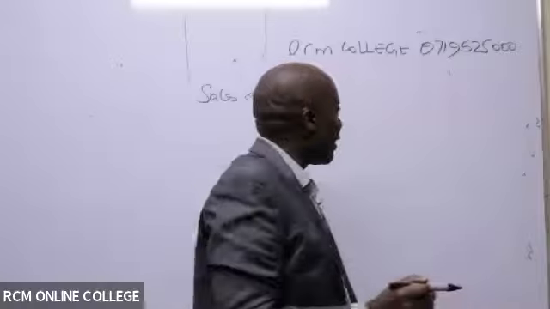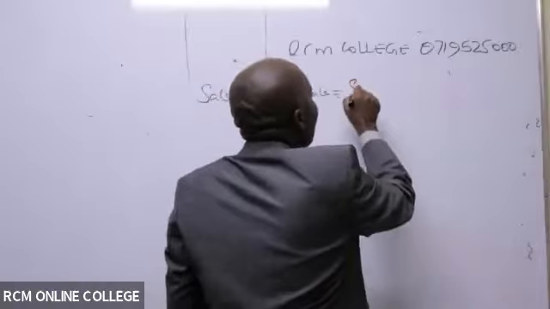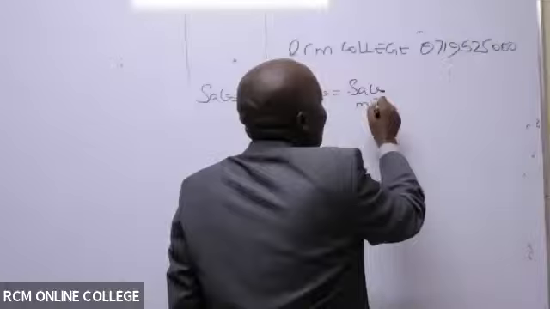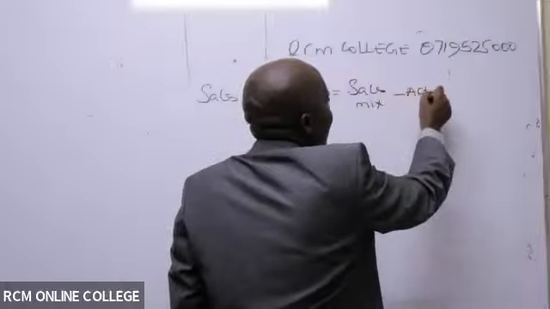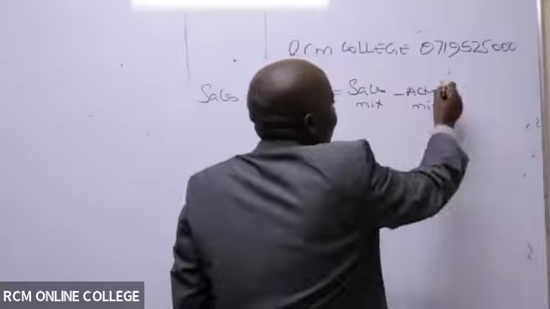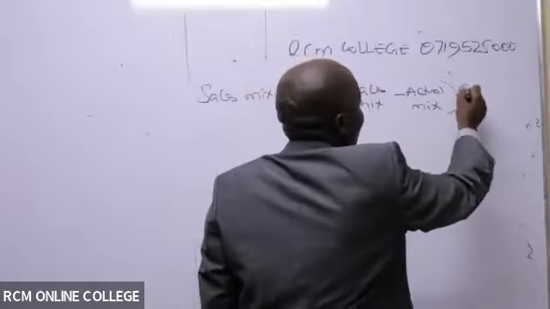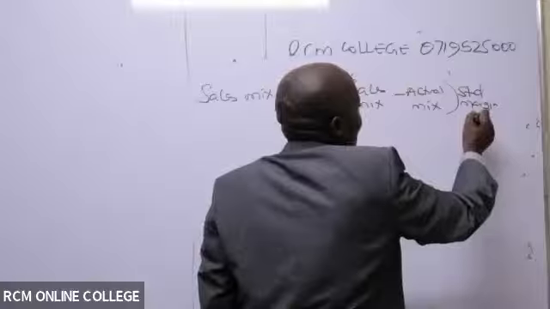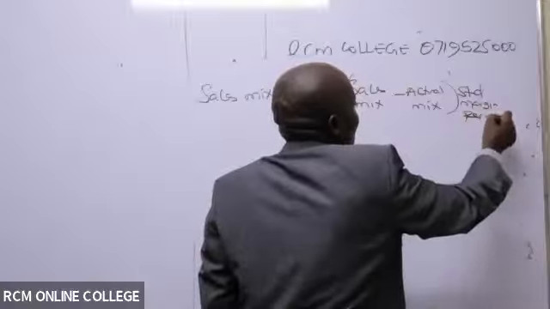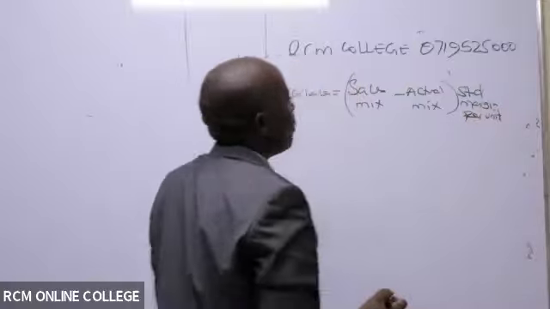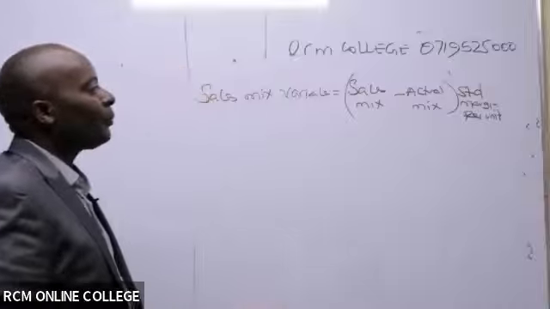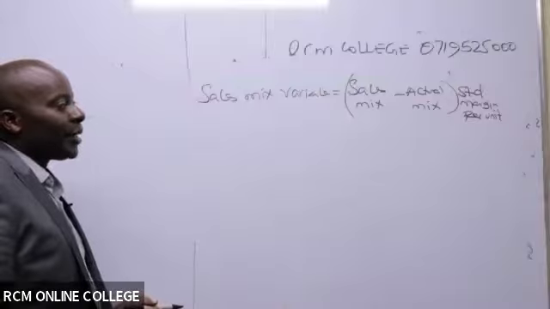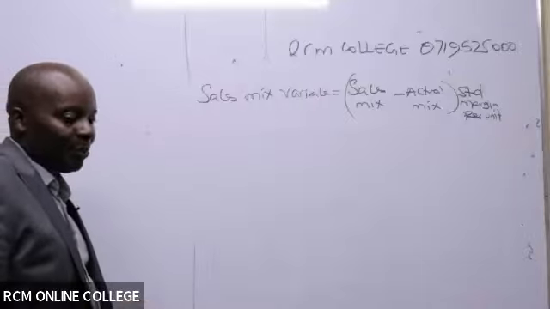To get this one, we shall take the sales mix minus the actual mix, and then multiply outside with the standard margin per unit, because these are sales margin variances.